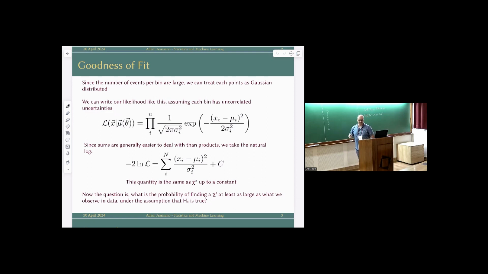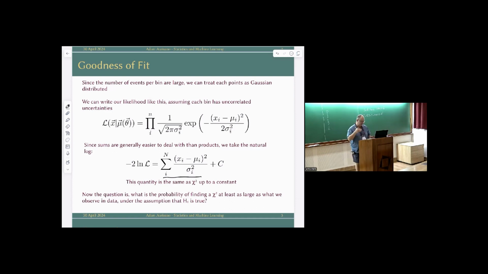And what we find is that when you take that Gaussian likelihood and take the -2 log of it, you get something familiar, the chi-squared function, plus some constant. So because we think that these are reasonably Gaussian distributed, we can say this chi-squared function, which is up to a constant the same as the -2 log likelihood of this Gaussian likelihood, is probably a good test statistic.